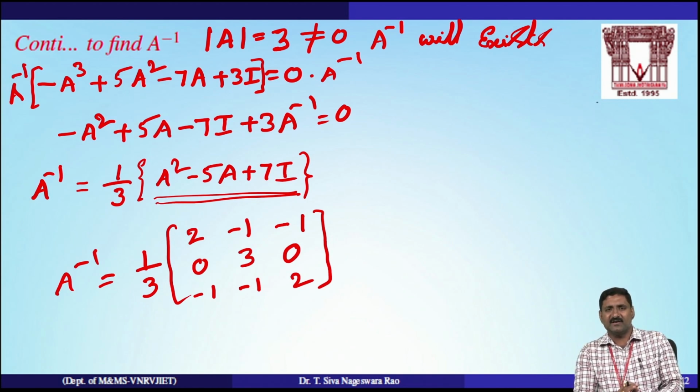But here we are not finding any minor matrix, its transpose, cofactor matrix, adjoint matrix, etc. So without finding the adjoint matrix, just by using the matrix equation, we can very easily find the inverse of the matrix by using Cayley Hamilton theorem.